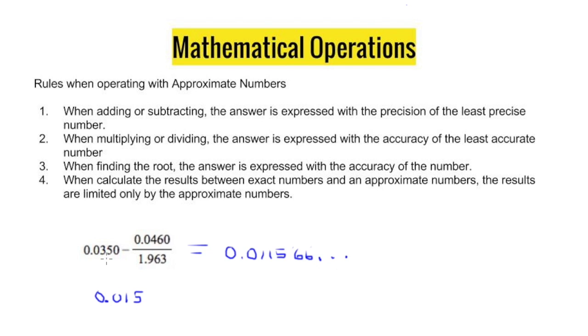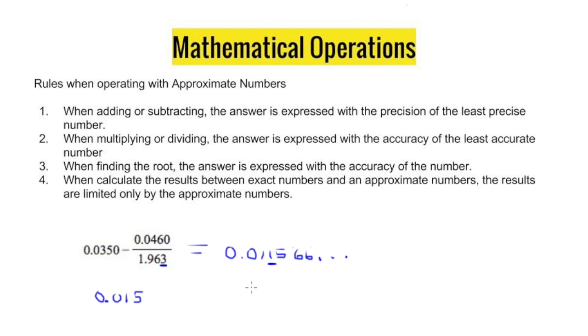Well, the precision of this is to 1, 2, 3, 4 decimal places, or to the tenths, hundredths, thousandths, ten-thousandths. Well, this one's also to the ten-thousandths, while this one is just to the tenths, hundredths, and thousandths. So the least precise number is here. So we are going to round our answer to the thousandths position, which is here.